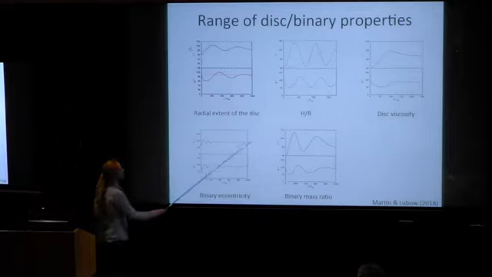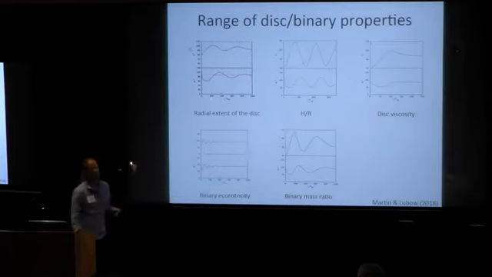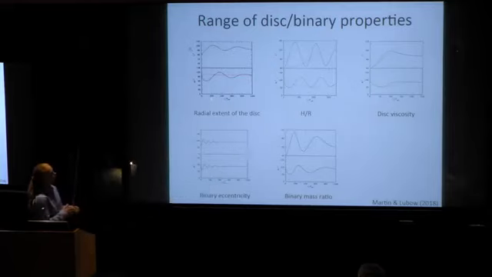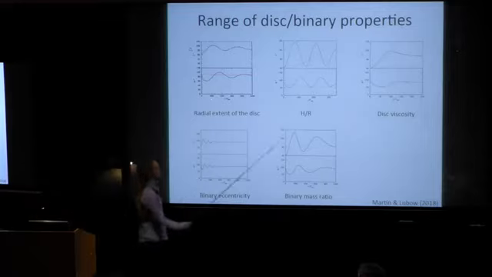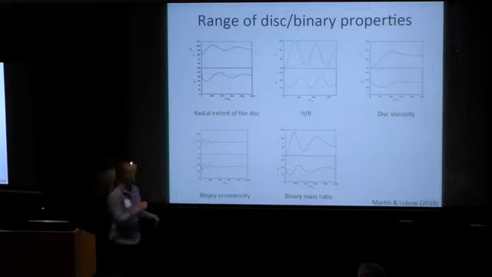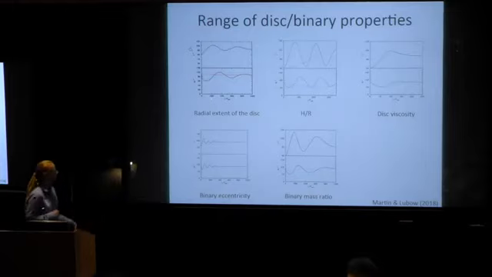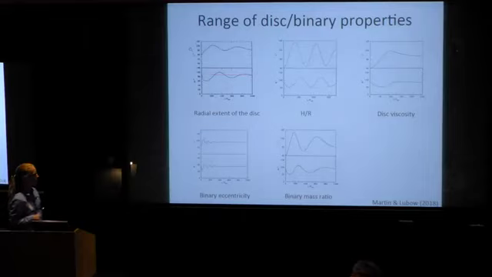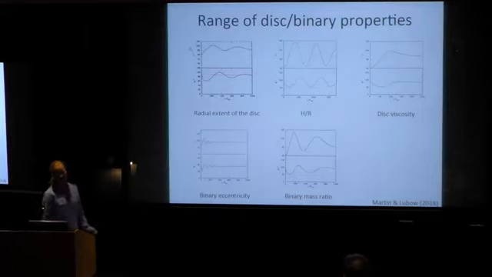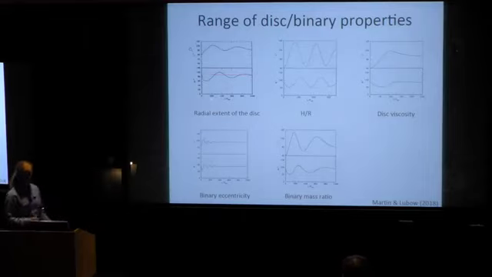The same is true if we decrease the disk aspect ratio. Again, we can get disk breaking. The viscosity, this is an example of an increased viscosity, leads to faster damping. Binary eccentricity and binary mass ratio also. So we find it's a very robust mechanism. It operates for a wide range of parameters.